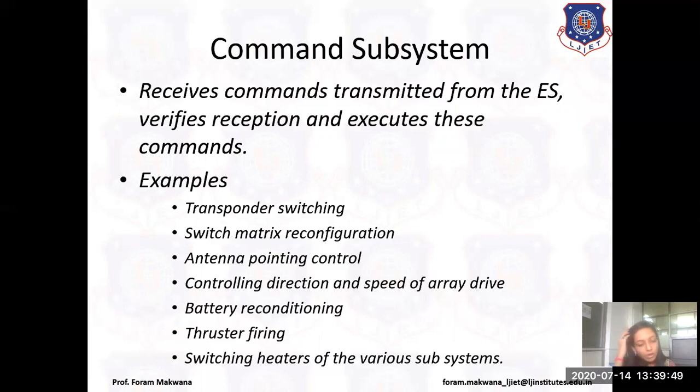The examples are transponder switching, switch matrix reconfiguration, antenna pointing control, controlling the direction and speed of array drive, battery reconditioning, thruster firing, and switching heaters of the various subsystems.